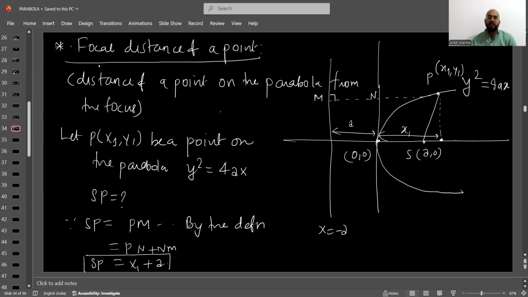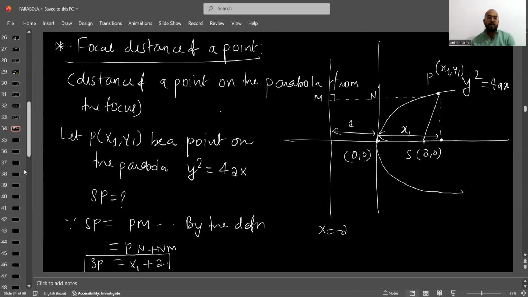And now the point to be taken care of is we are talking about x1. In case you're taking the other parabola, which is on the left side, your x1 is distance, not the point. x1 is the distance basically. So x1 and a both are taken to be positive.